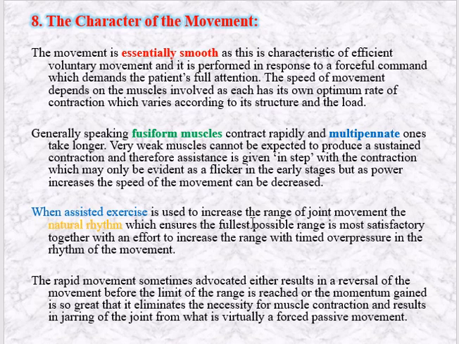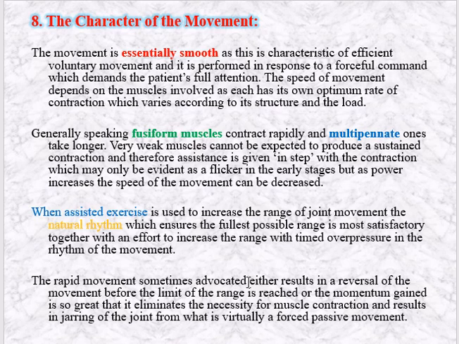When assisted exercise is used to increase the range of joint movement, the natural rhythm, which ensures the fullest possible range, is most satisfactory, together with the effort to increase the range with timed overpressure in the rhythm of the movement.